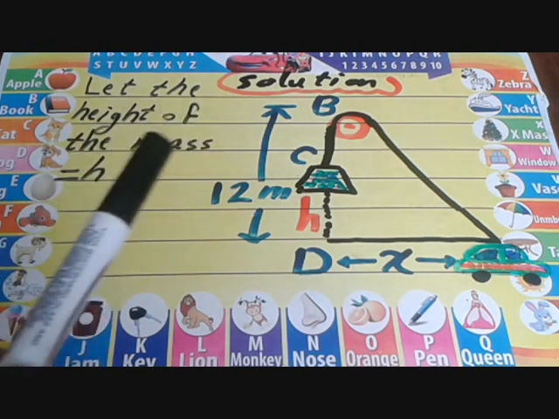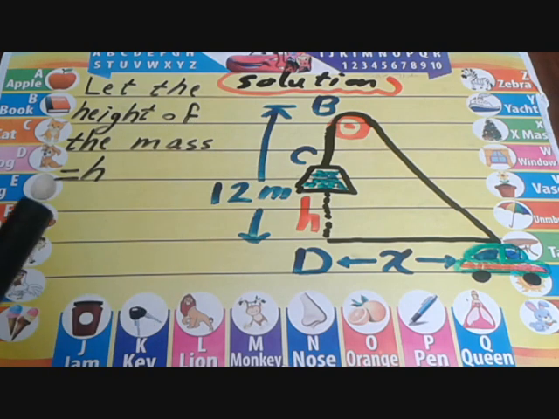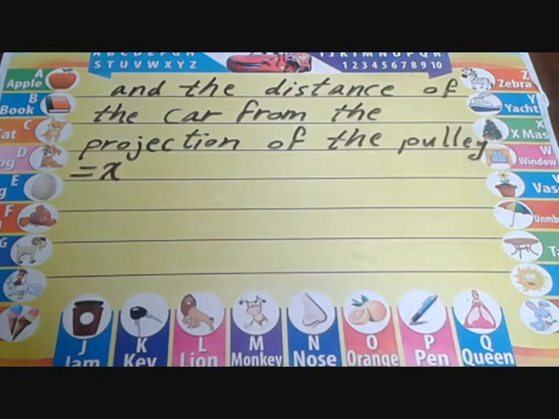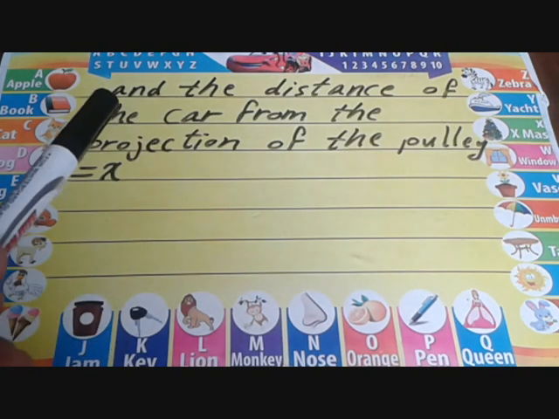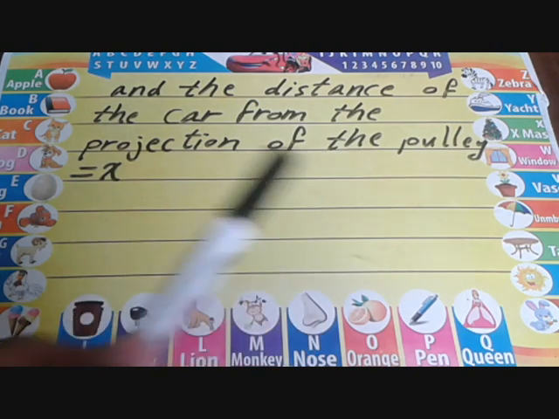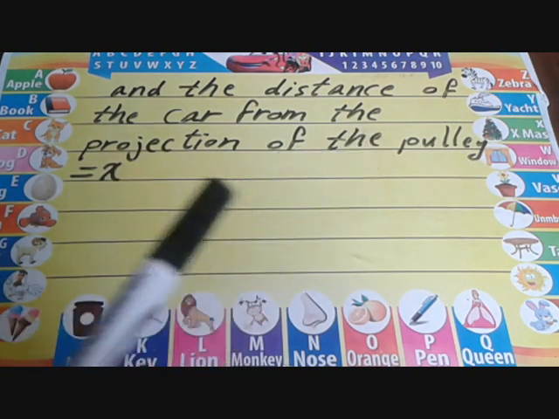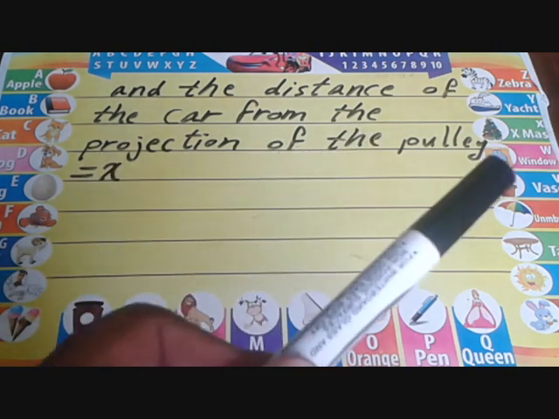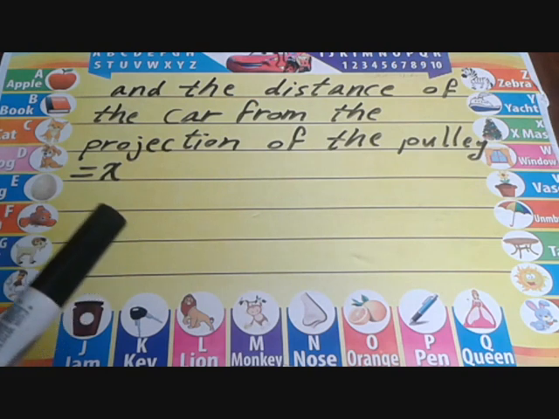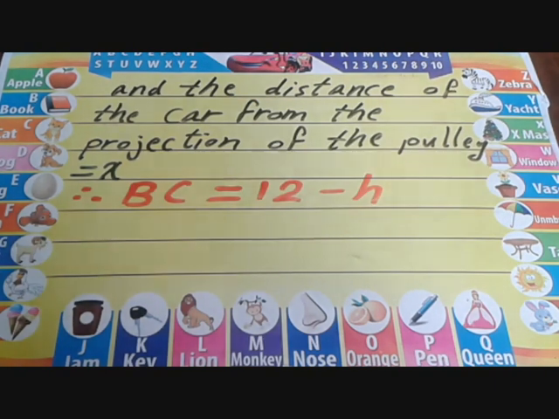Let the height of the mass equal h, and the distance of the car from the projection of the pulley equal x. From the figure, review the figure, please.